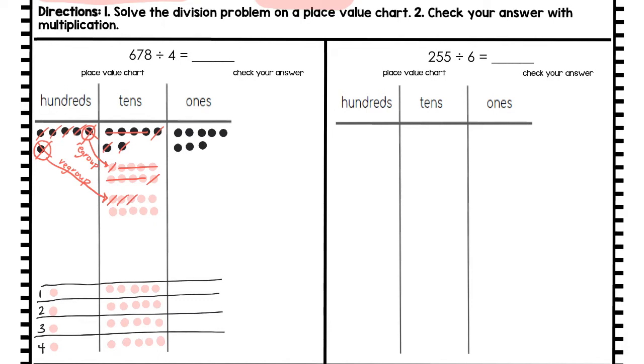And I can do another group. 21, 22, 23, 24. I'm sorry, I didn't make my space big enough. And that leaves me with 3 tens remaining, which I cannot fit equally into 4 groups. So I must regroup.